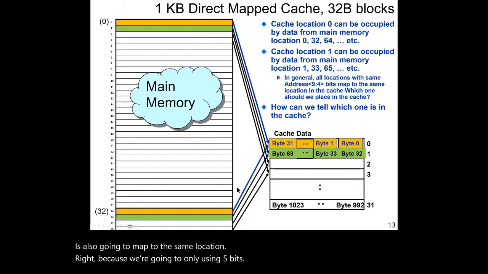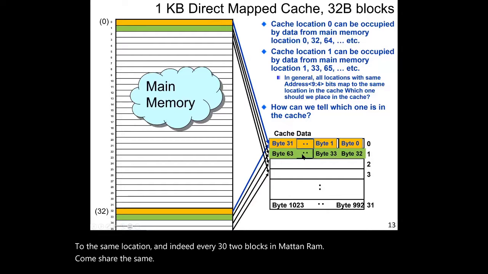These two green lines also map to the same location. And indeed, every 32 blocks in RAM share the same location in cache.